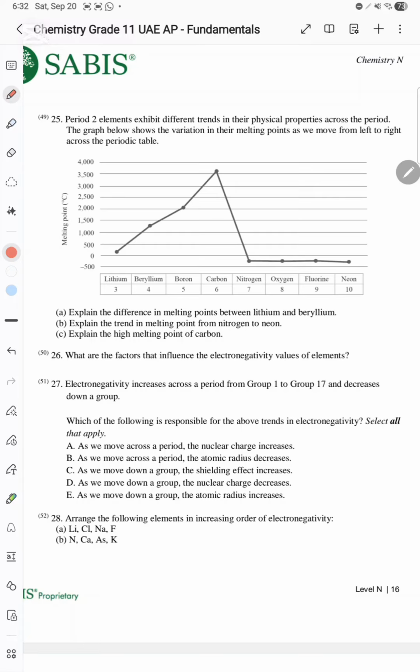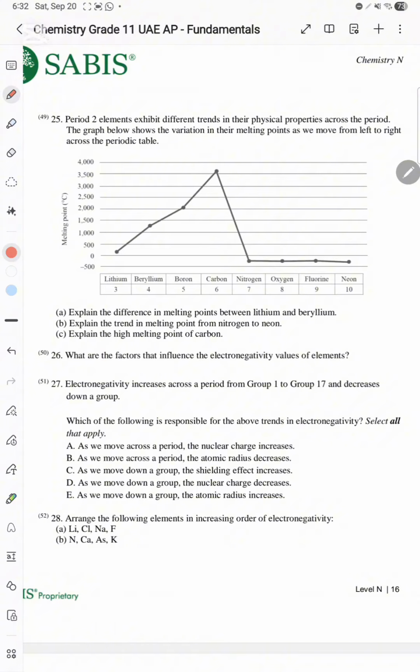So lithium forms a 1+ ion, which contributes to pulling in the sea of delocalized electrons, whereas beryllium is 2+, so it contributes 2 valence electrons to the sea of delocalized electrons, which means it has a higher melting point.